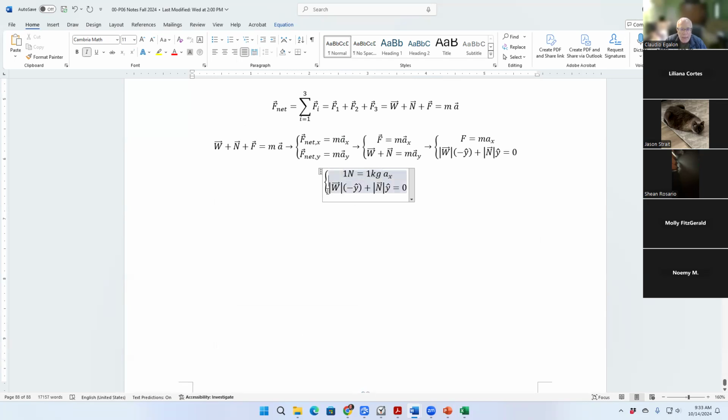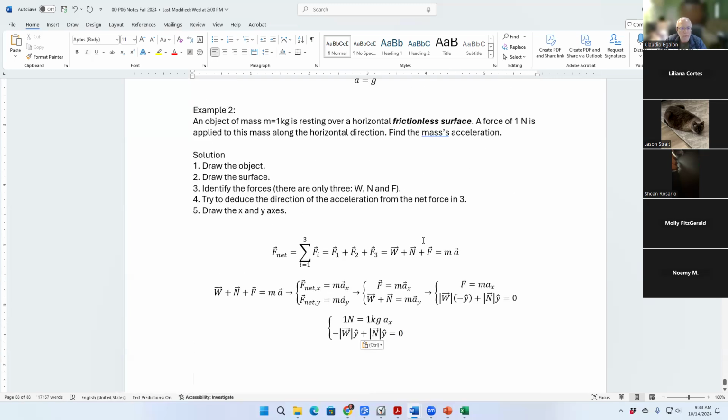Here we can write that y hat equal to 0. But let's concentrate on finding the mass. He's asking just the acceleration of the mass.